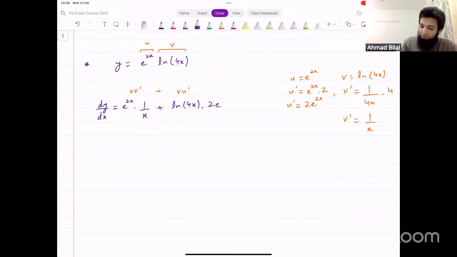And now we can simplify this, which gives us e raised to the power 2x divided by x plus 2e raised to the power 2x times ln of 4x. That's the result that we get from this.